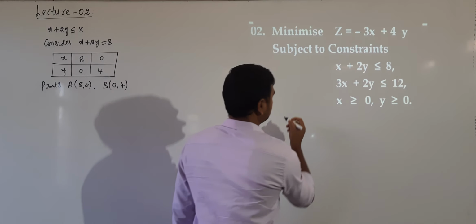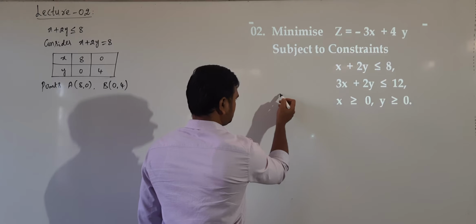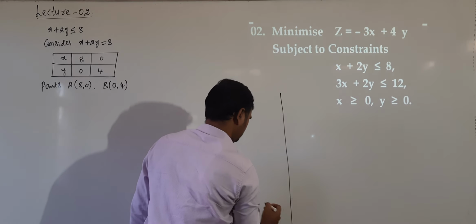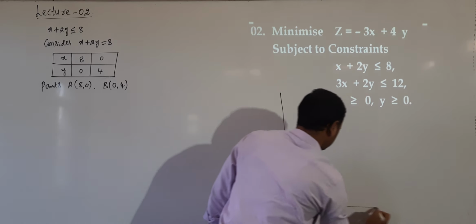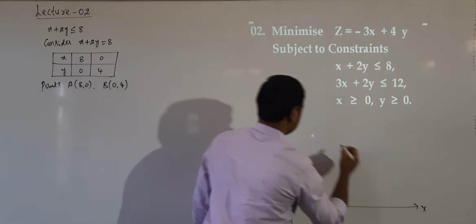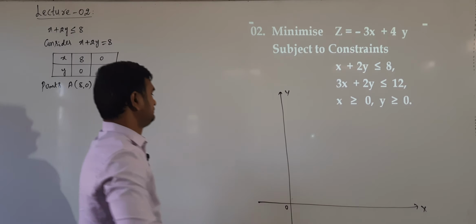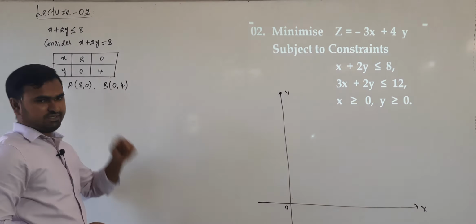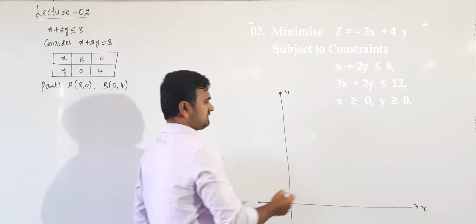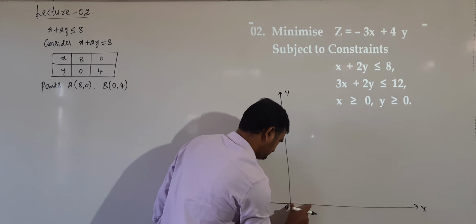So we'll draw the graph here. So we are having the points 8, 0, 0, 4. Okay, I'll take the scaling of 2 here.